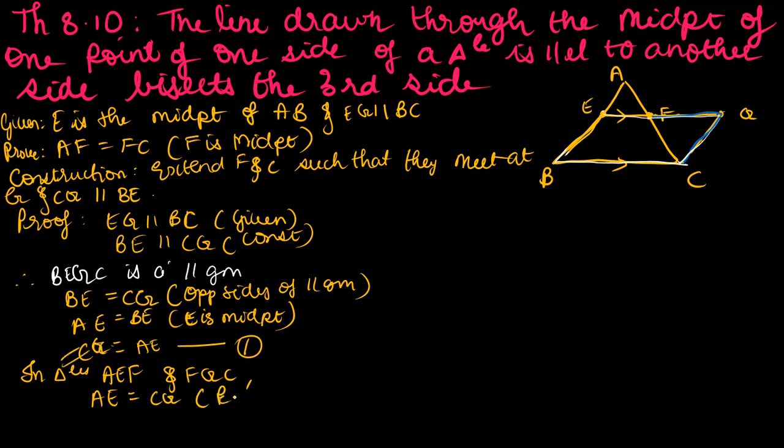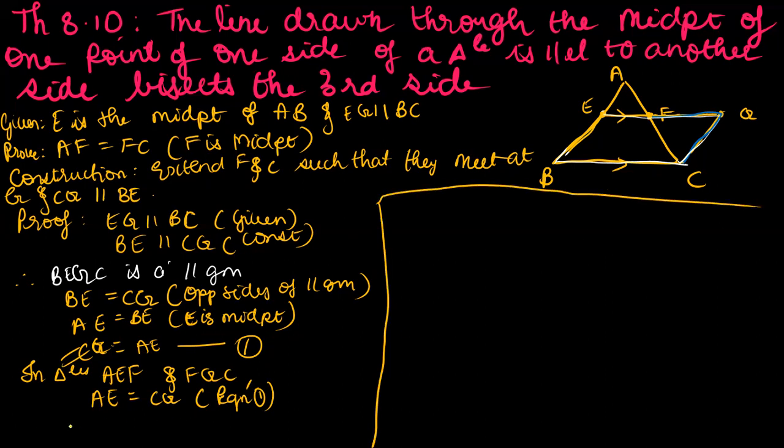So you can say equation 1, or you can say proved in the brackets. Then let me continue the proof here in writing so that you won't be confused. So AE is equal to CG, I told you. Next, angle AFE. Where is angle AFE? Angle AFE is equal to angle GFC, that is this angle.